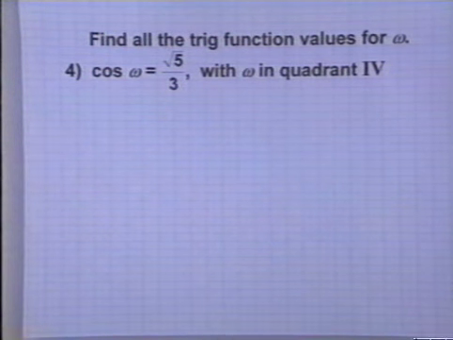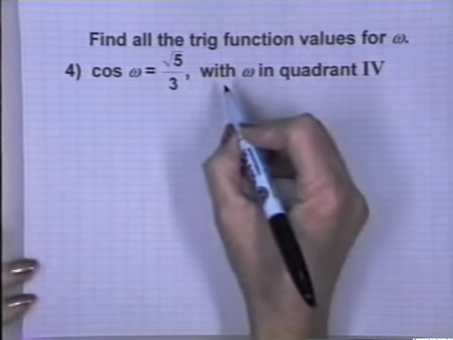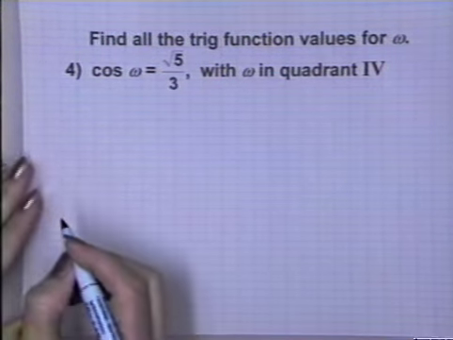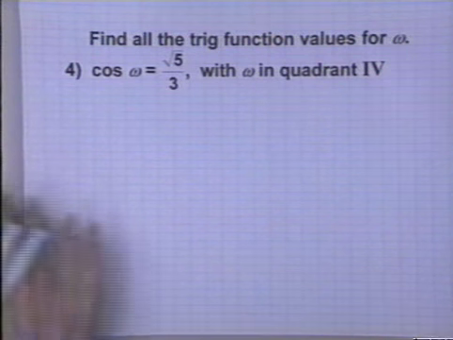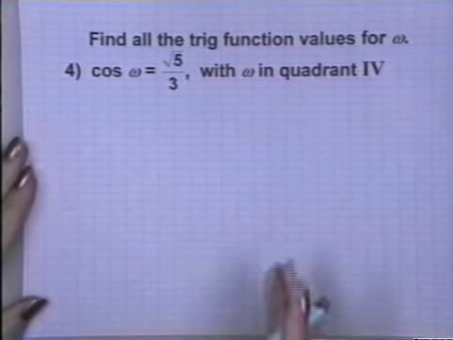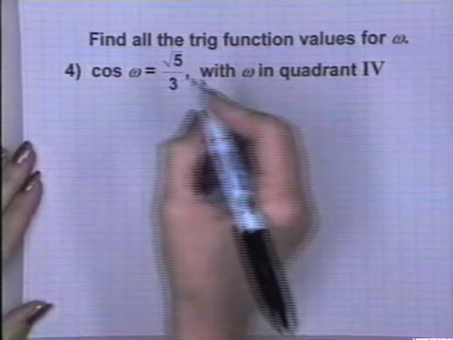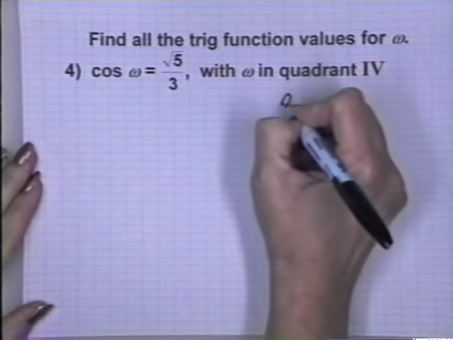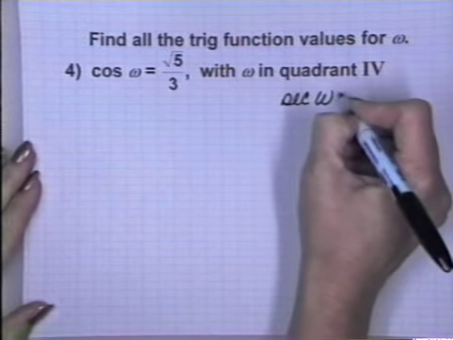Find all the trig function values of omega, and we're given that the cosine of omega is the square root of 5 over 3, and we know that omega is in the fourth quadrant. I will use the XYR method, except that I can very easily state what the secant of omega is.